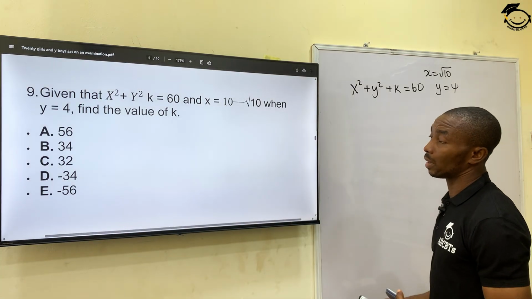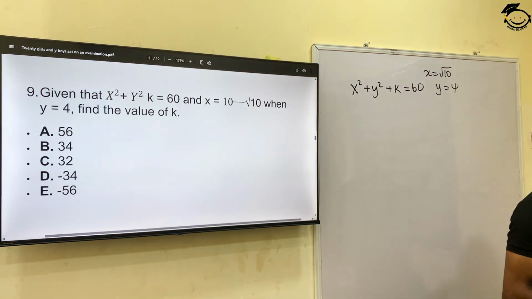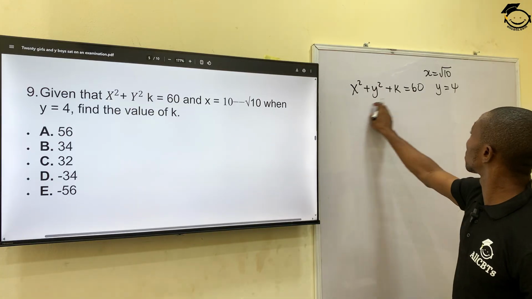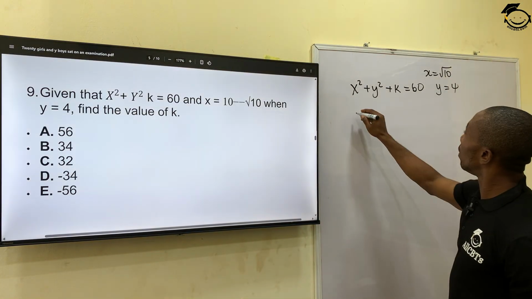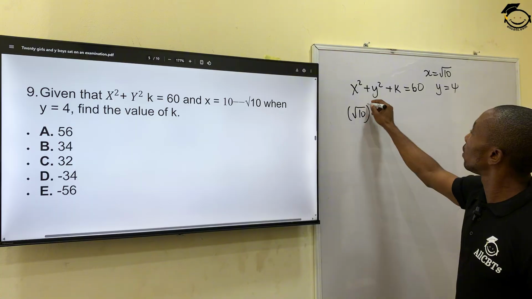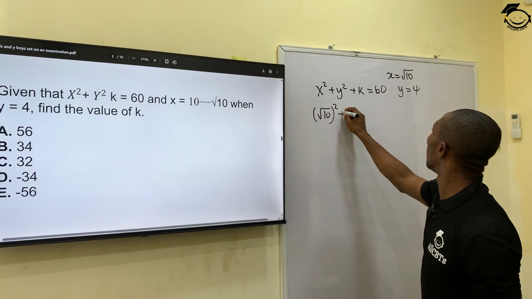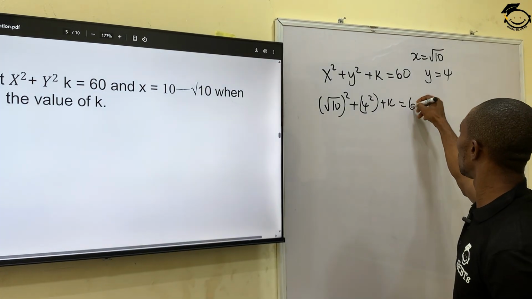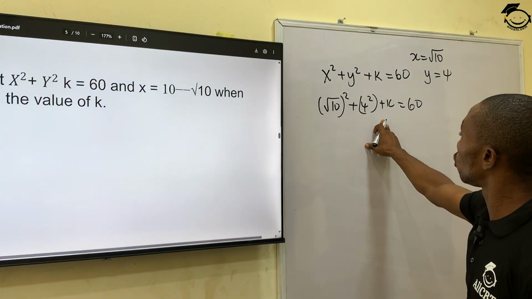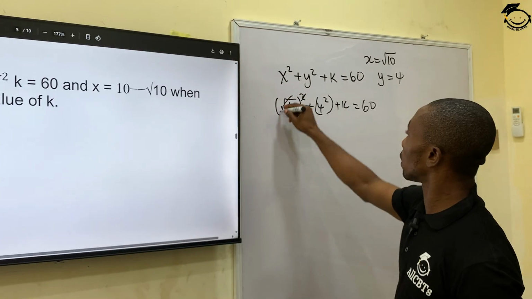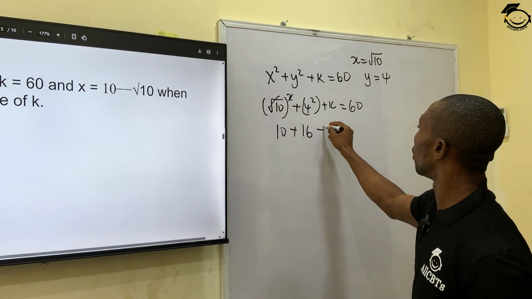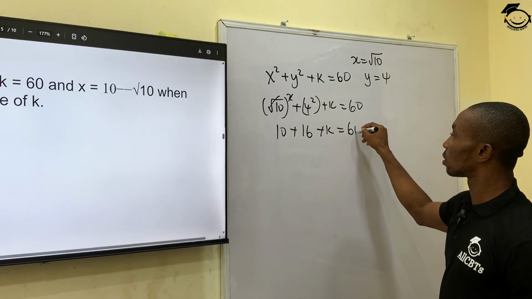So we have root 10 squared plus 4 squared plus k equals 60. The square and root cancel to give us 10 plus 16 plus k equals 60.